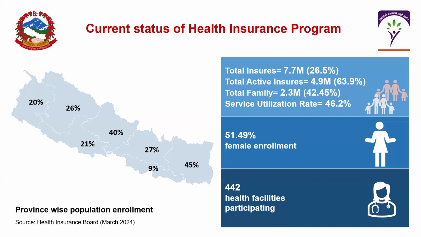The percentage of households according to the census of Nepal is 42.45%, and the subscription rate of health insurance was 46.2%, with 7.5 million people. 51.49% of those enrolled are female, more than male, and 442 health facilities are participating, contracted with the Health Insurance Board of Nepal.